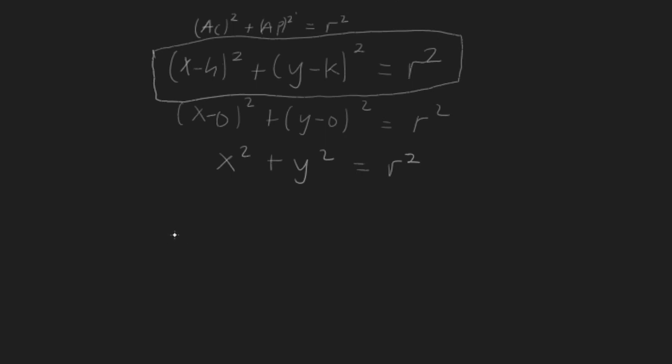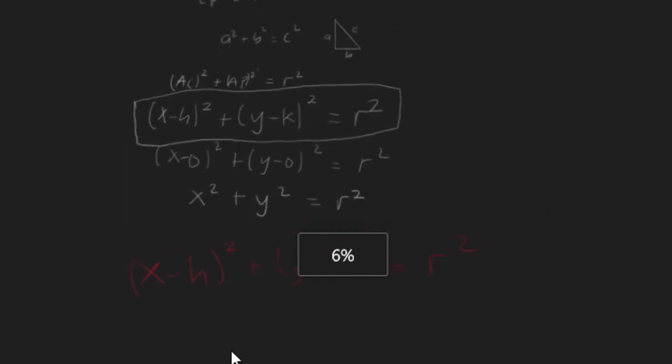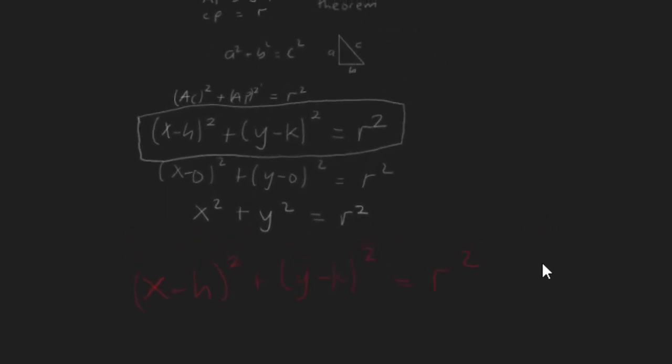So the standard form of a circle is x minus h square plus y minus k square is equal to r square. And we've used the Pythagoras theorem to prove it.